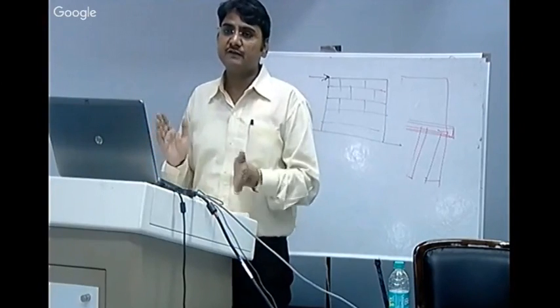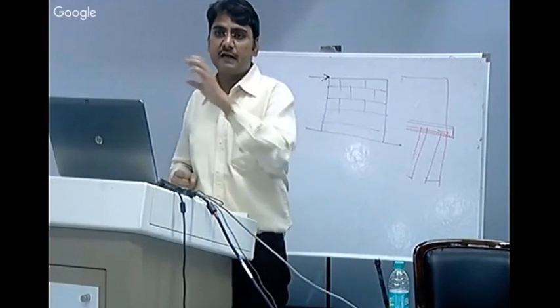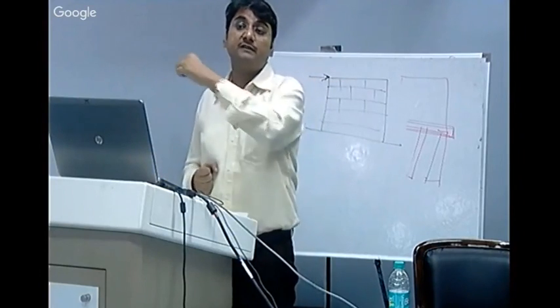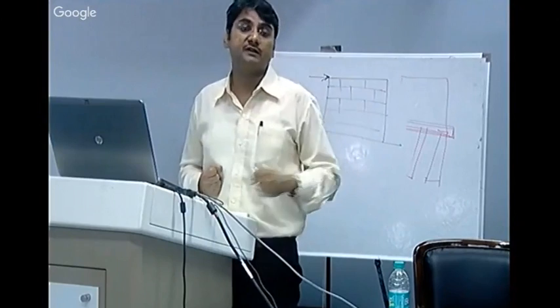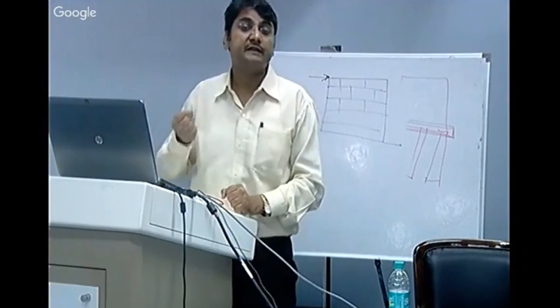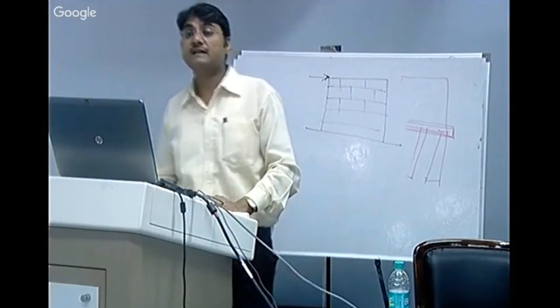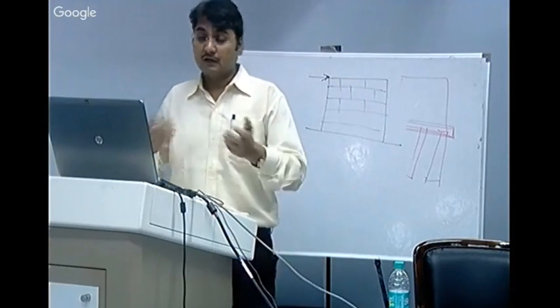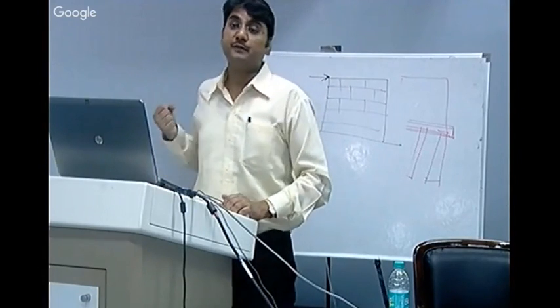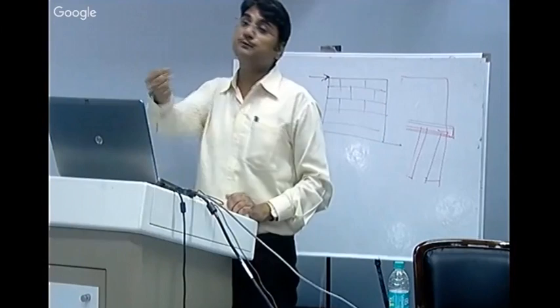Cyclic loading means you are loading a structure and you are removing the loading, like a push and pull kind of behavior. You are pushing your building, you are pulling your building, pushing, pulling. Like this, we need to test our building for earthquake loading. So in our laboratory, we test our building in a push and pull kind of behavior.